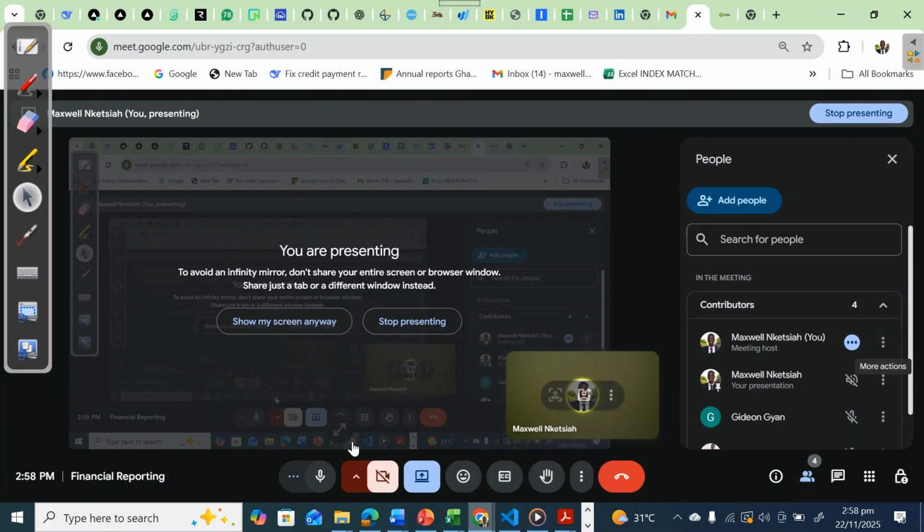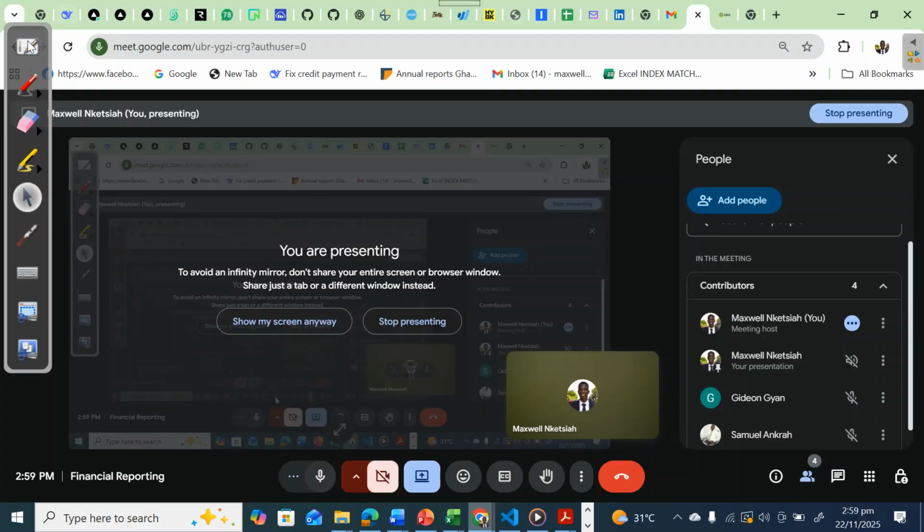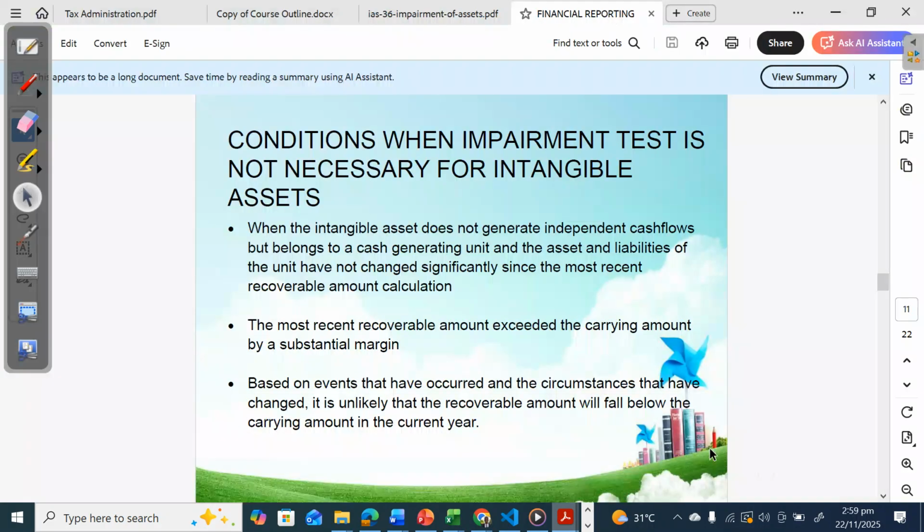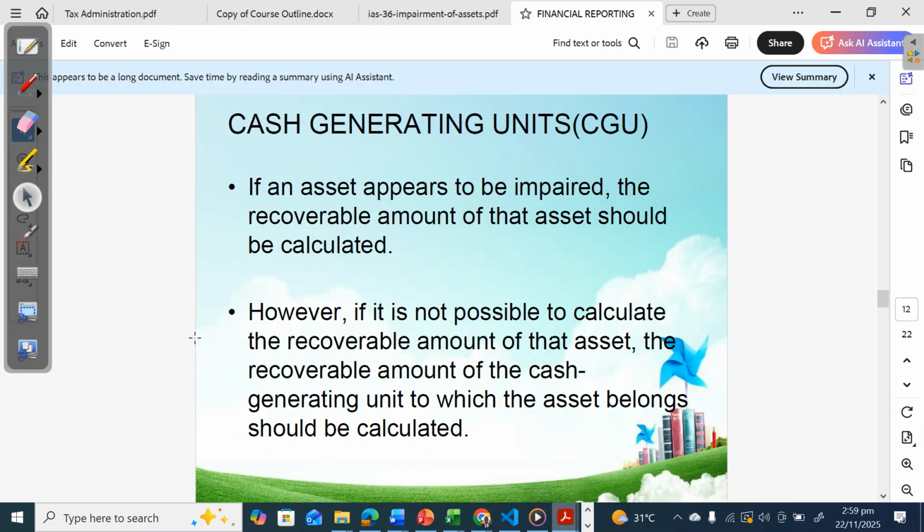That's also costly. So that is how we go about it when we are dealing with testing for impairments.